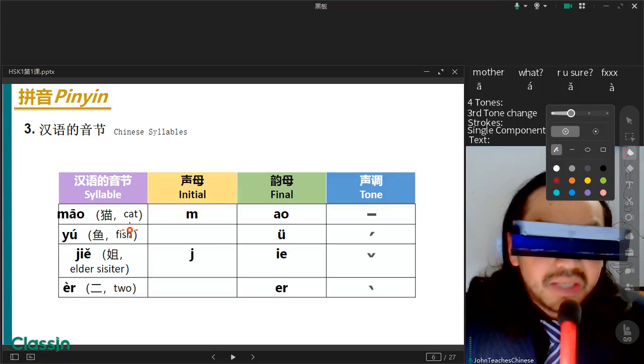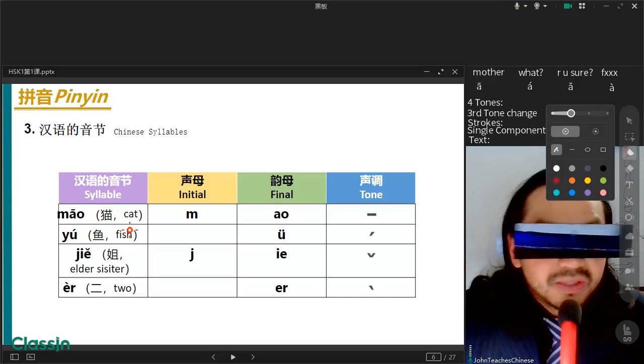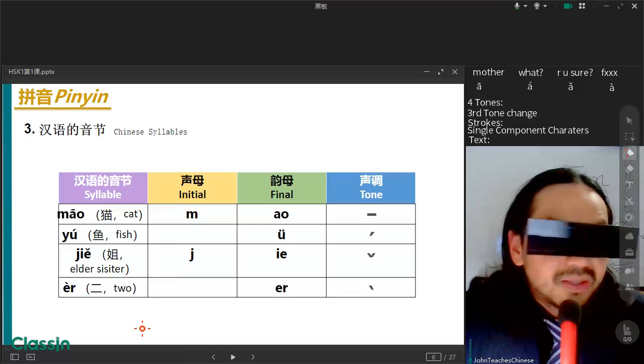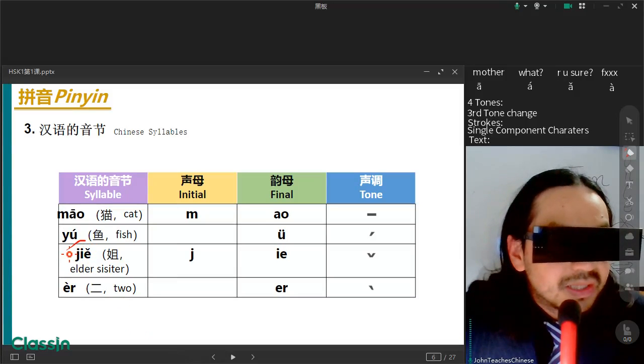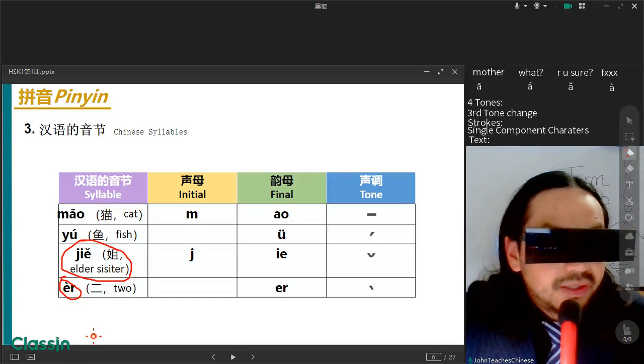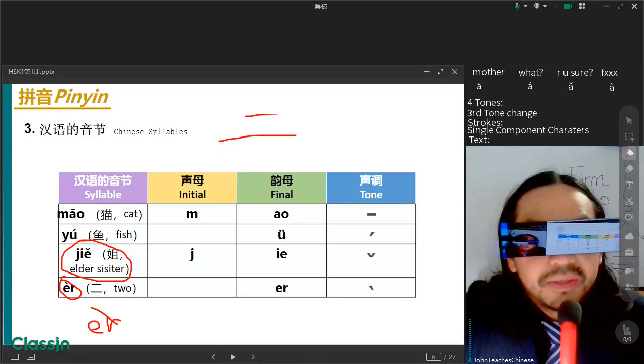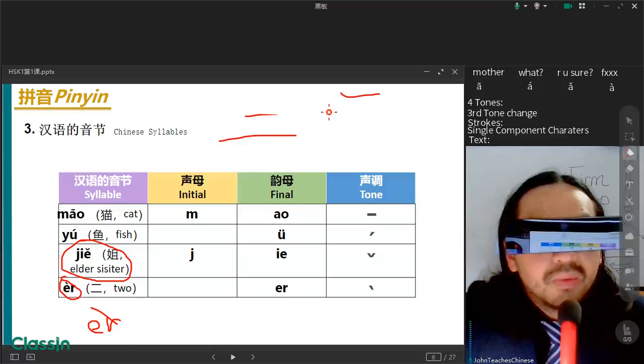Even up to now, I cannot really master it, because the northern, southern and eastern parts of China speak it differently. Even within families, they use different titles. But it's fine, that goes too far. Remember, this is just elder sister, jie, and er, last tone, simple. This one means two, and you can see how to write it. Very simple: one, two.